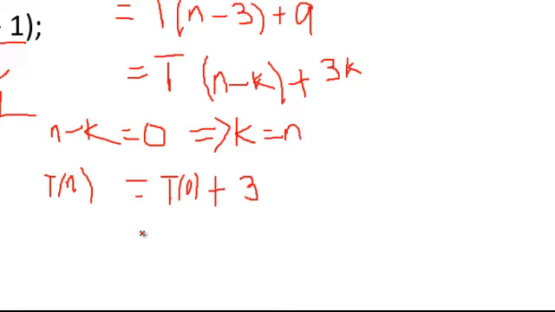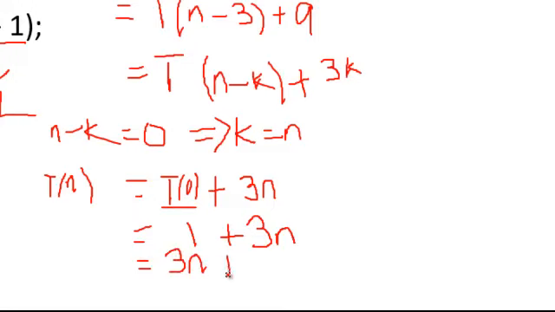So we have here t of 0 is equal to 1. So 1 plus 3n, or it can be written as 3n plus 1.